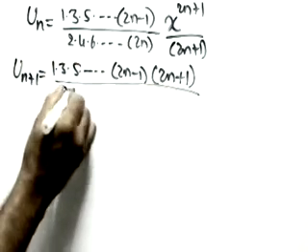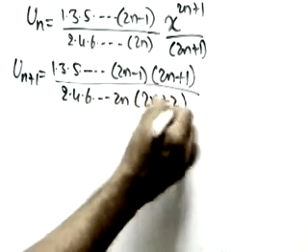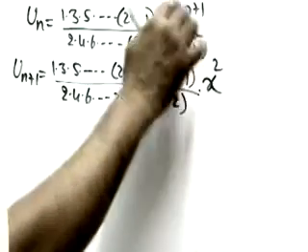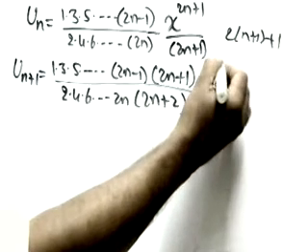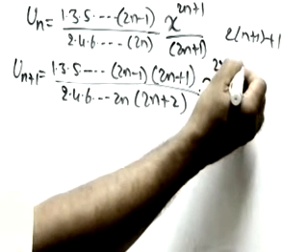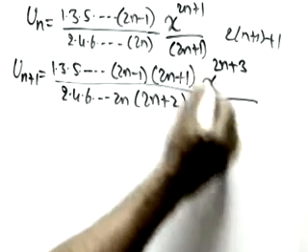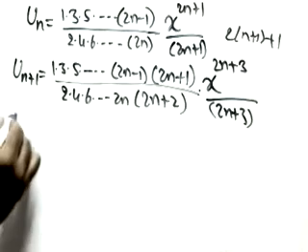Divided by, till here you write as it is, 2, 4, 6 and so on up to 2n. If you keep n plus 1 in place of n, you multiply 2n plus 2 into x power 2 into (n plus 1) plus 1, which becomes 2n plus 3. In the same way here also it will be 2n plus 3.